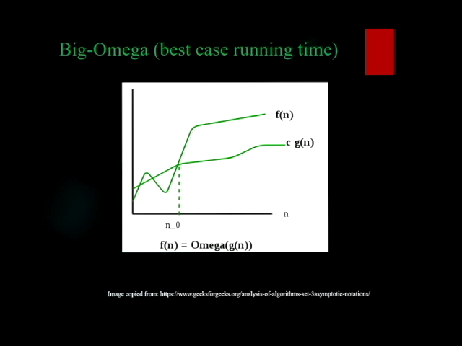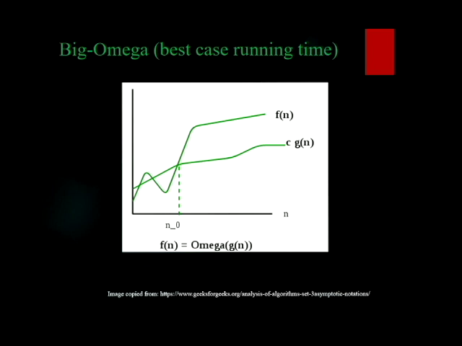Does it make sense? On the x-axis we have n, which represents the input size. On the y-axis we have time. And we have two curves, two functions. After this value n0, we can see that the two curves separate clearly. There are no fluctuations, I would say.